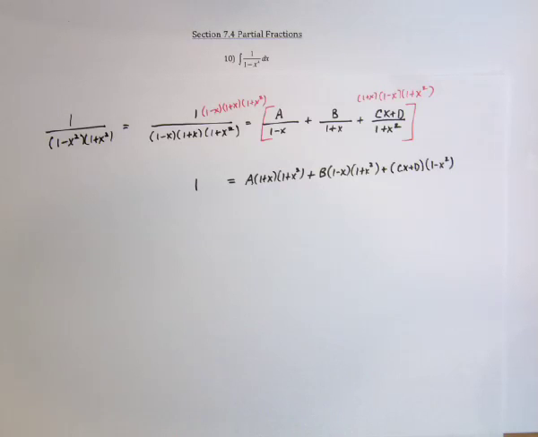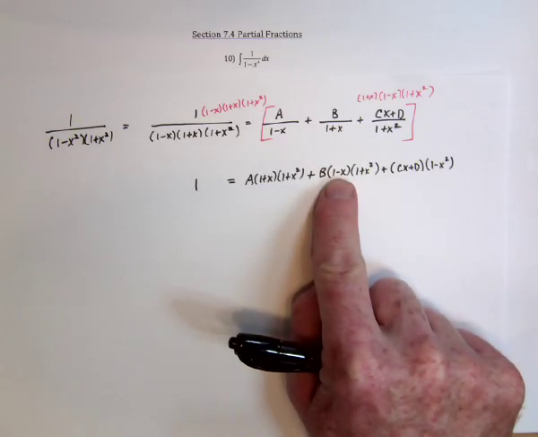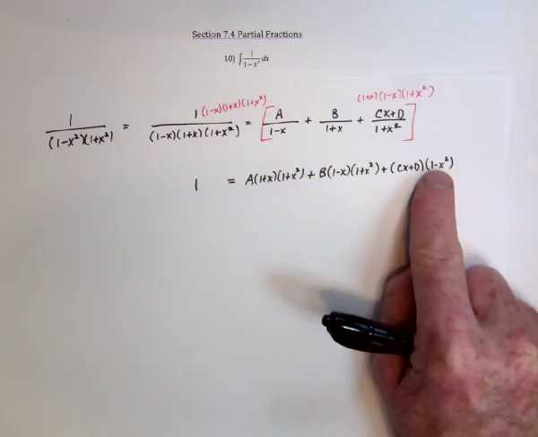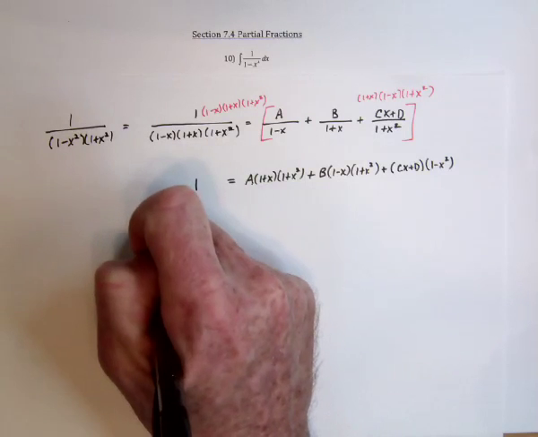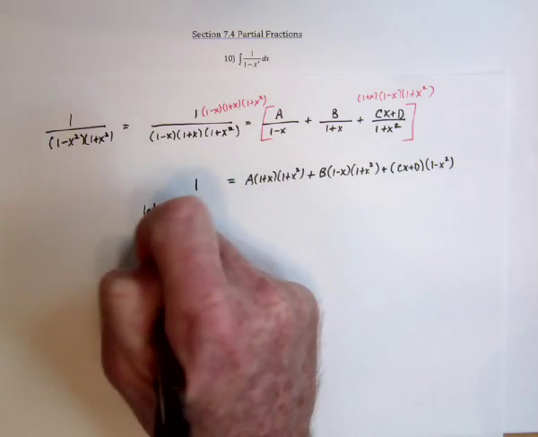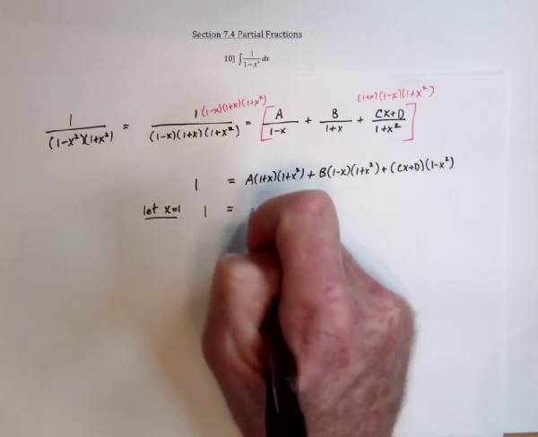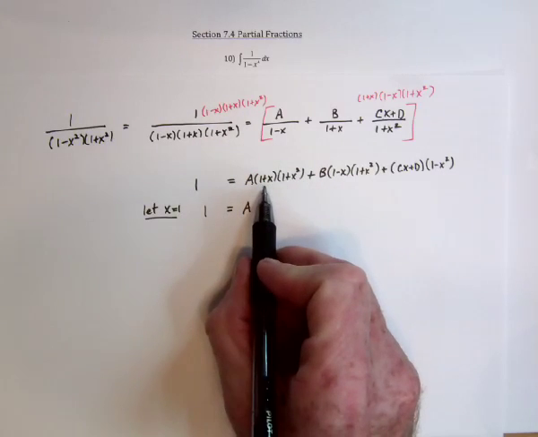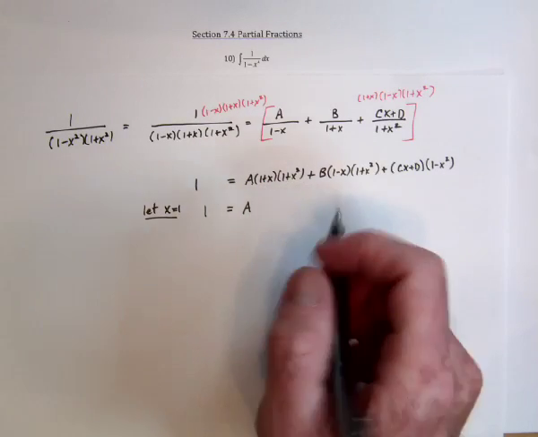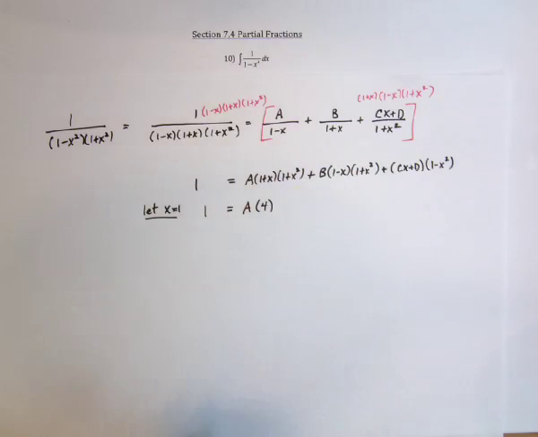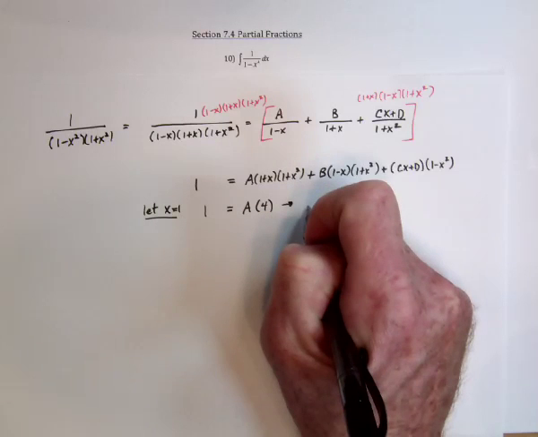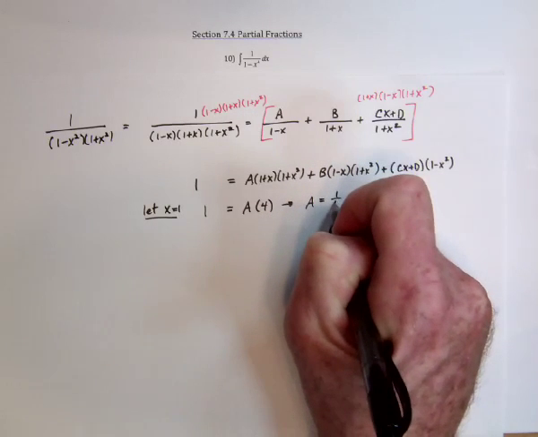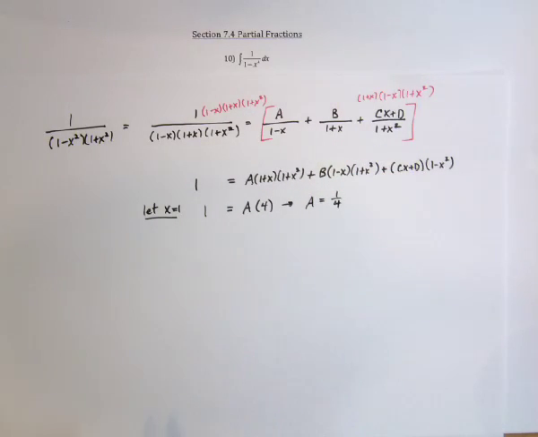The next thing to do is pick some numbers for x. For example, for x equal 1, this term will cancel and this term will cancel, and thus we can solve for a. If you let x equal 1, we would have 1 equals a times 2 and 2, so that's 4. The other terms get cancelled. So a is 1/4. Now pick another number.